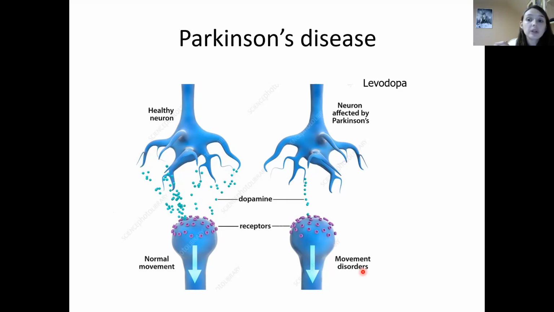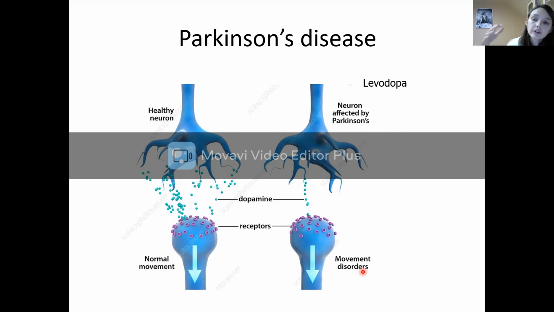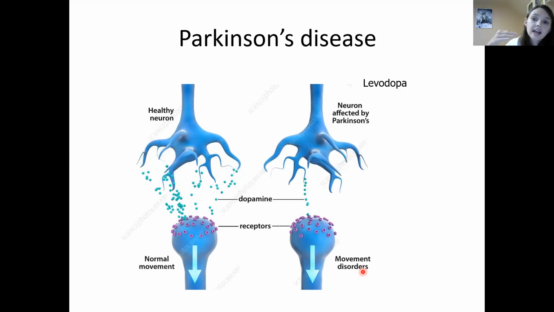If you remember the video where the person was sitting on the chair and had a shivering of the hand, the shivering of the hand is called a tremor. It means that the person's hand movement is not coordinated. This happens due to the lack of dopamine. So how can we help a person with Parkinson's disease, with the shivering of hands, with this tremor?